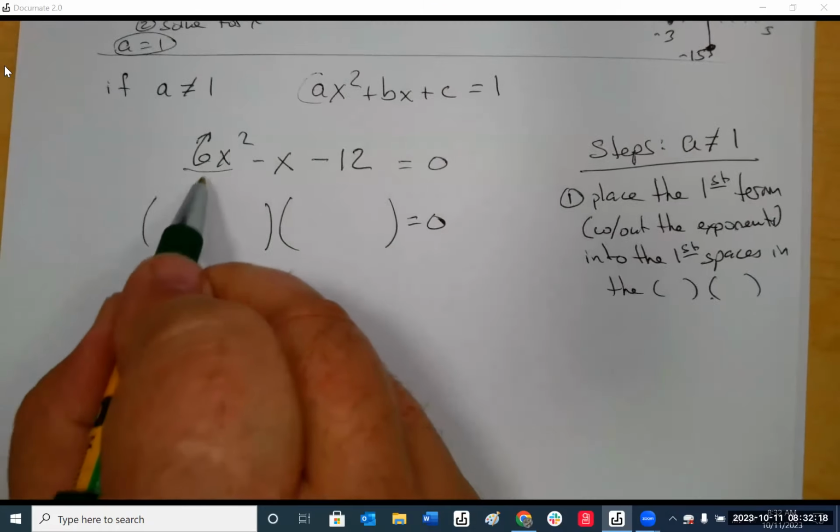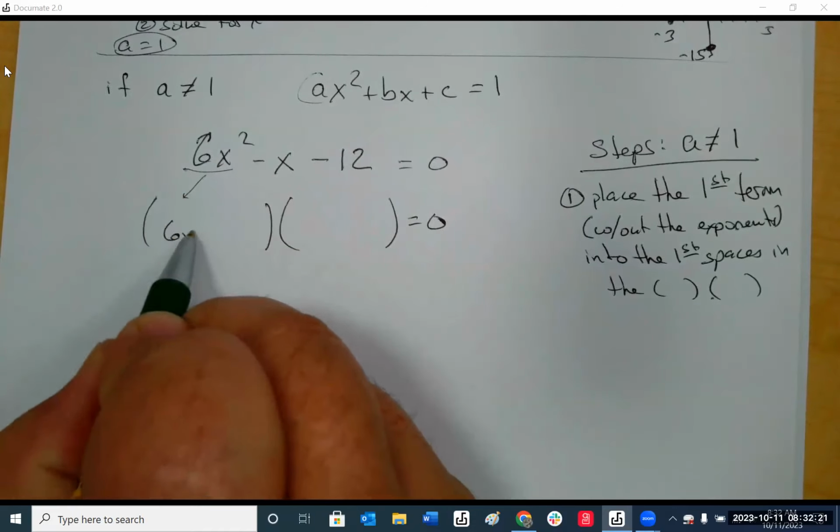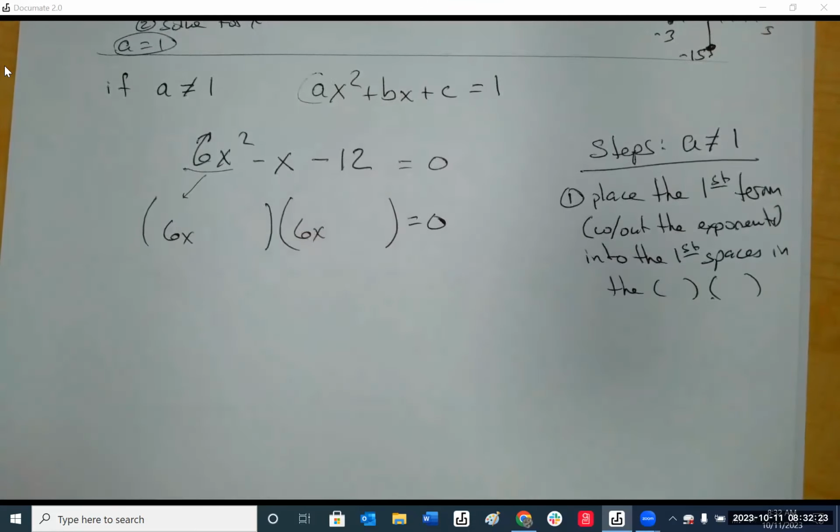So we're taking x squared. That's made up of 6x and 6x.